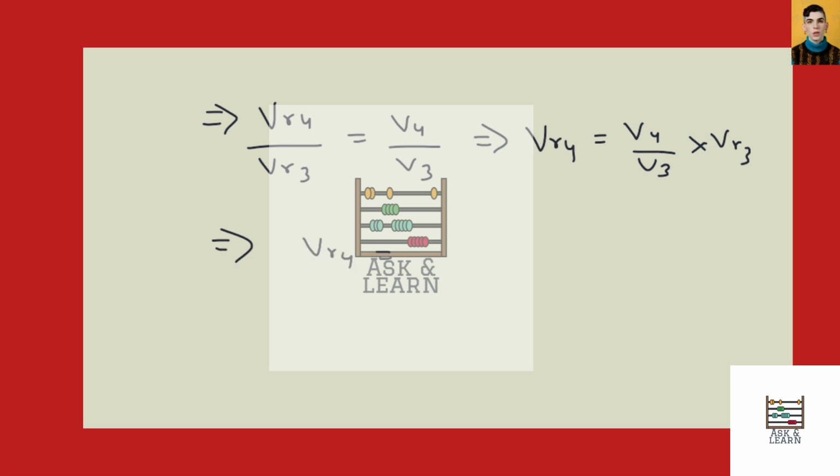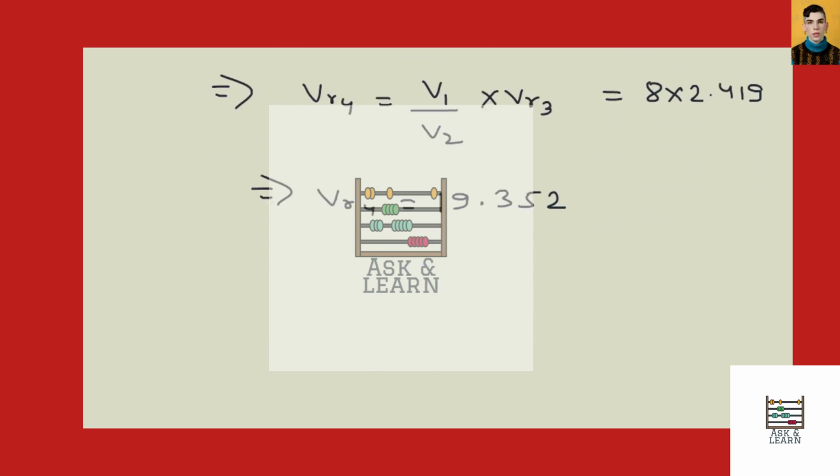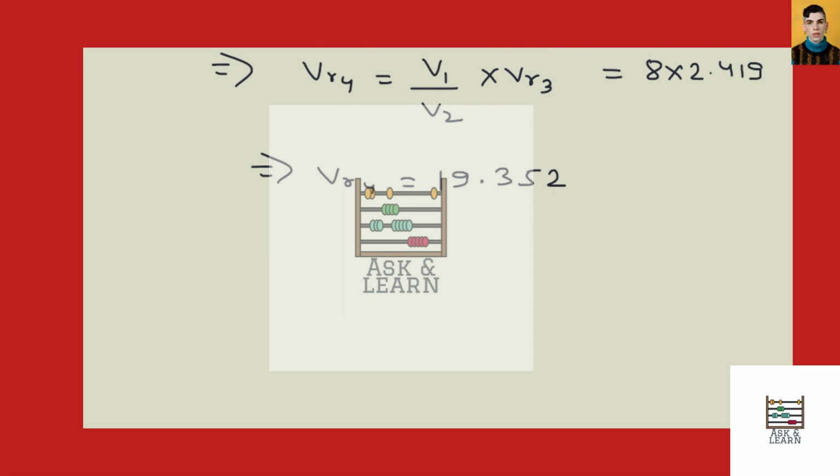Just put the given value: VR4 is equal to V1 by V2 into VR3, which is 8 into 2.419, or VR4 is equal to 19.352 as calculated above.